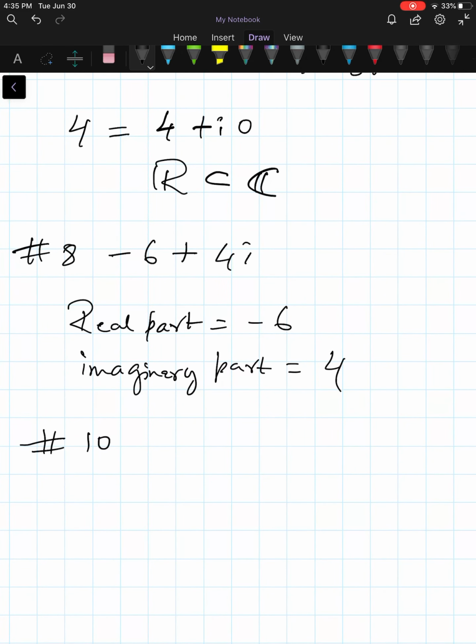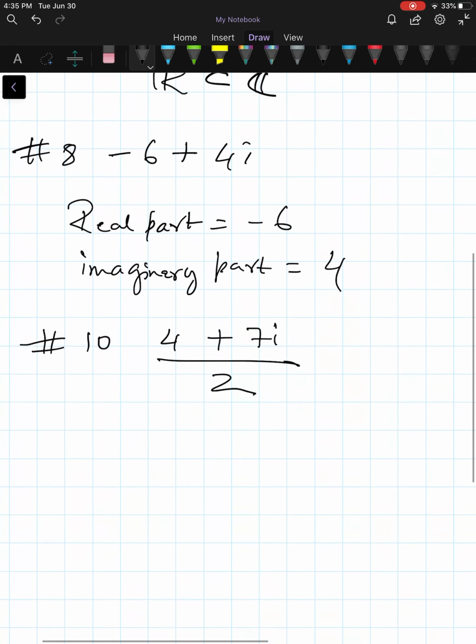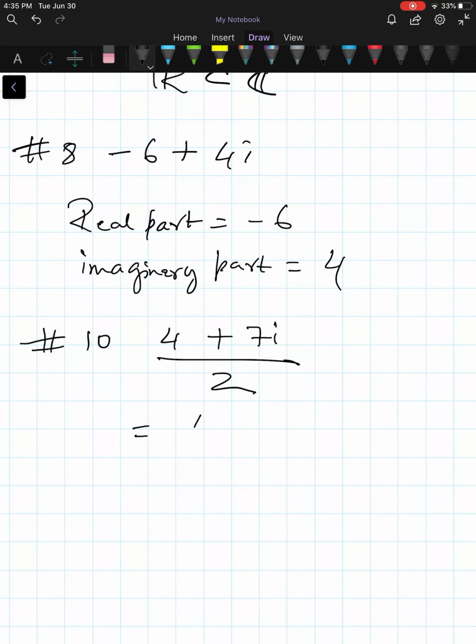Then number 10 asks you to find the real and imaginary parts of a complex number again, but this is a fraction, (4 plus 7i) divided by 2. You can rewrite this expression as 4 divided by 2 plus 7 divided by 2 times i.